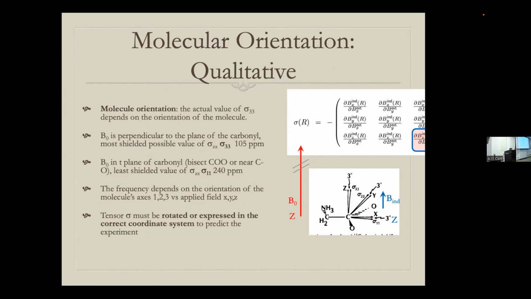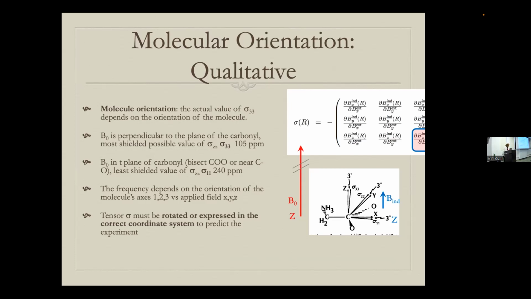That would turn out to be the least shielded that you could ever get out of this system. And it happens to have a value around 240 ppm. And when you line things up that way, sigma ZZ takes on a special value that has a special name, sigma 11. Most shielded, least shielded.